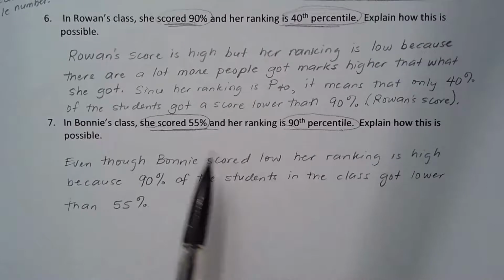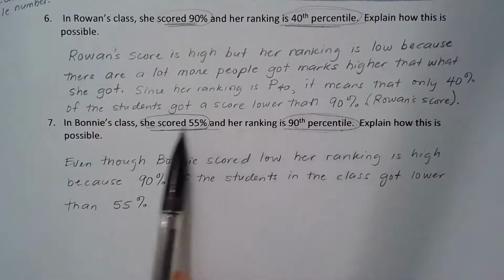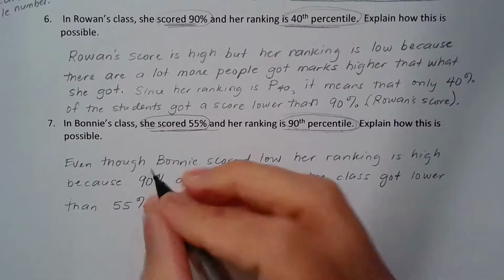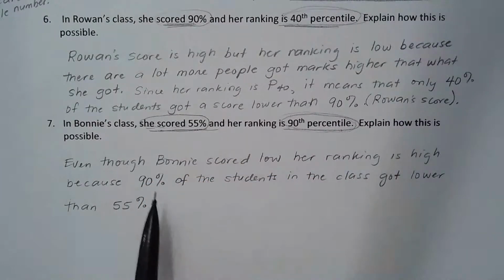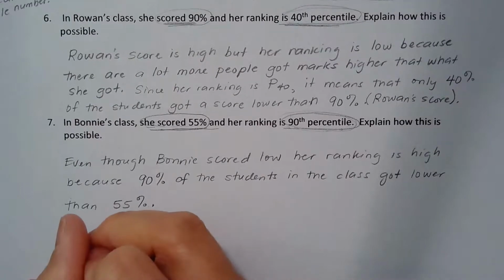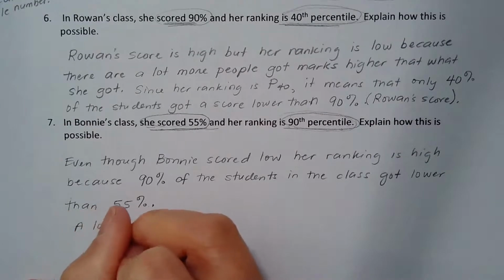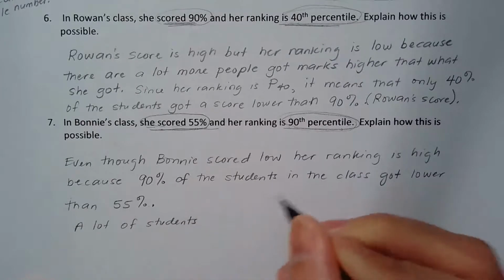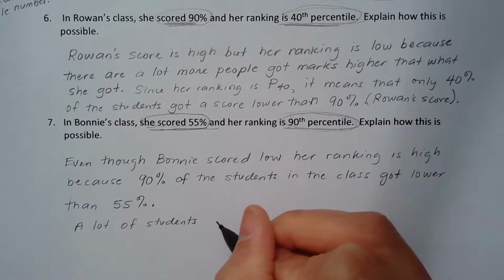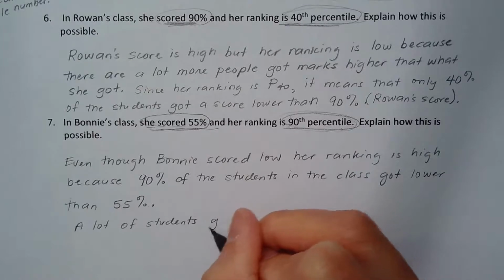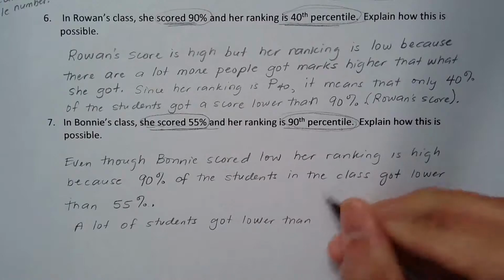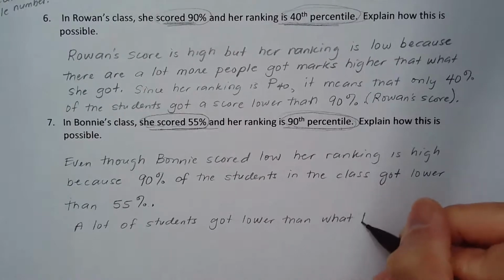So her ranking is high, even though she scored low. That means there are a lot more people, 90% of people, who got a lower mark than her. So a lot of students, 90% of them, got lower than what Bonnie got.